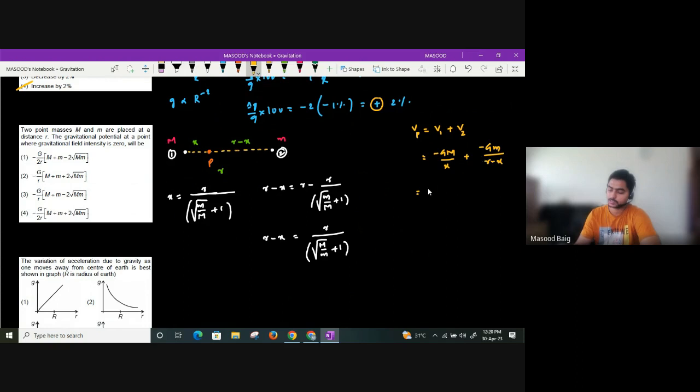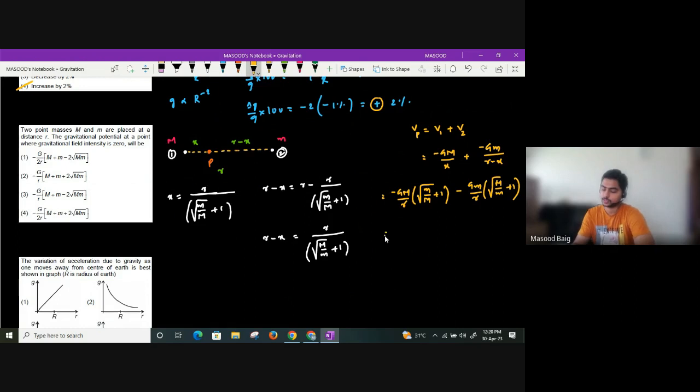So what will this become? If you solve for this, you will get minus G capital M divided by r, and I'll just take it to the left hand side a little bit. So I'll get minus GM divided by r, here I'll get root over small m by capital M plus 1. This will be minus G small m divided by r, here I'll get root over capital M by small m plus 1.